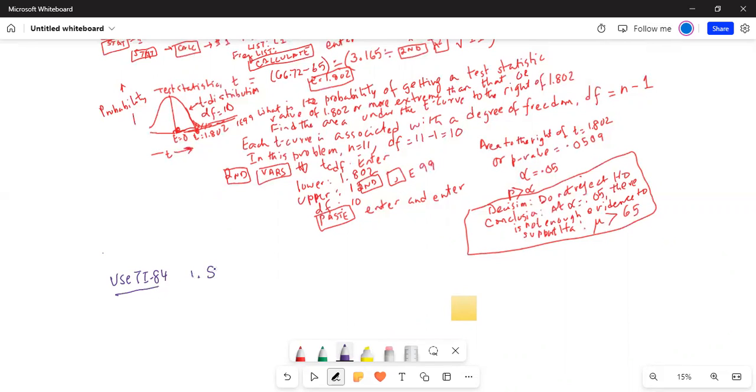First is press Stat. Then highlight Test on the top row. Then scroll down to t-test. We are using t-test because we do not know the population standard deviation. Scroll down to t-test and enter.